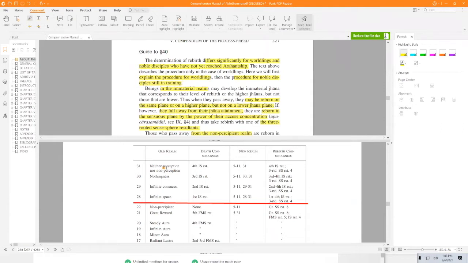Or if they fail to maintain their meditative attainment, again they come back to the sense sphere realm, either to a human rebirth or rebirth in any of the 6 sense sphere heavens. Similarly, beings of infinite consciousness can go higher. They could remain at the same level or go up to level 30 or level 31 in their next existence, or they can fall down into the human realm or the sense sphere heavens.